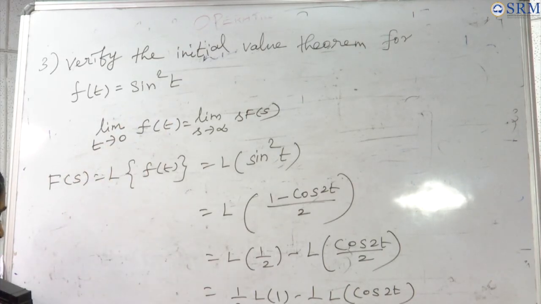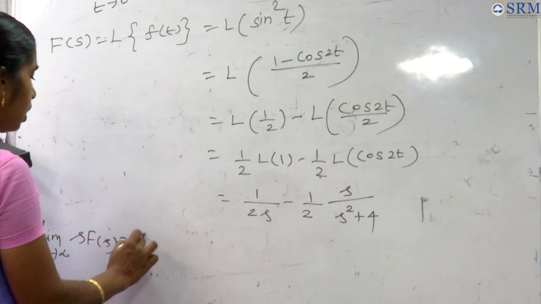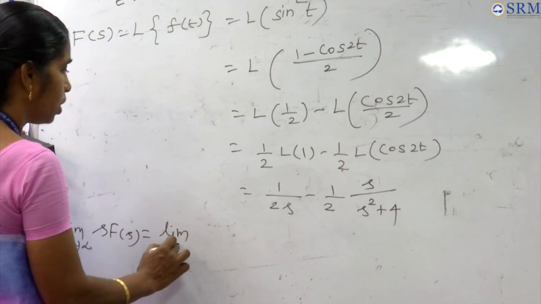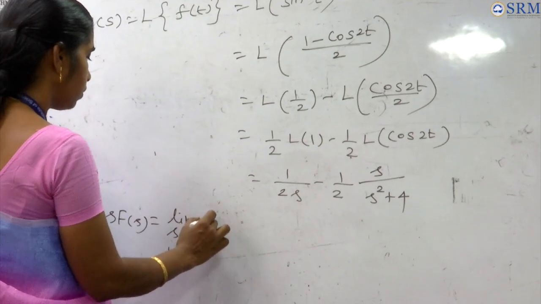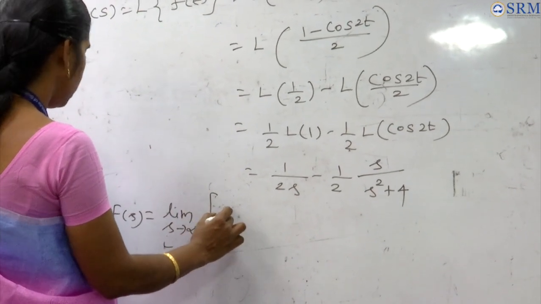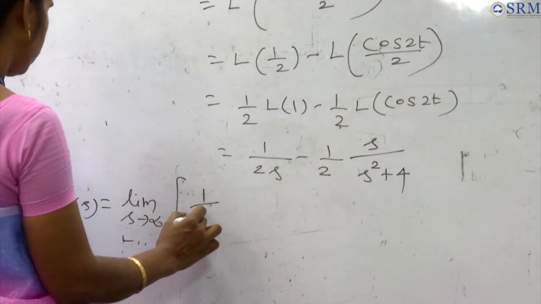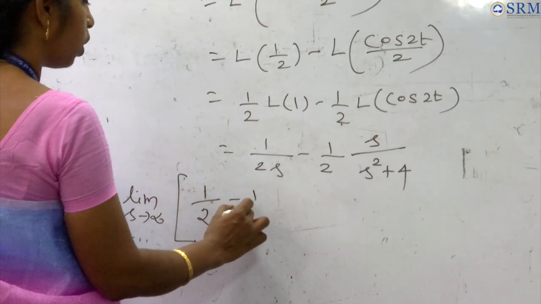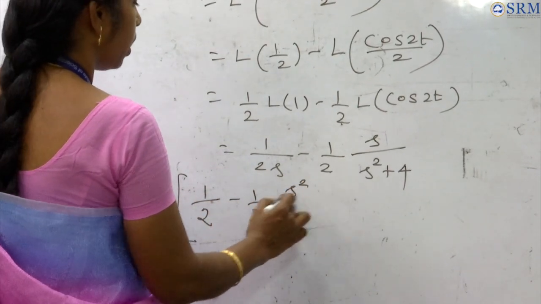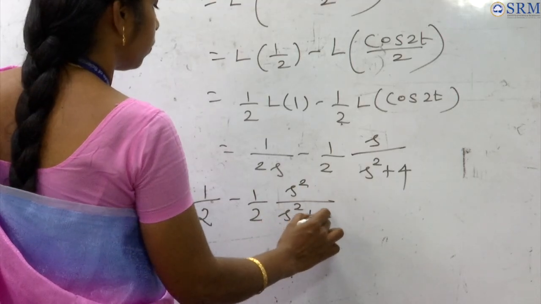So s into f of s, with s replaced by infinity. That is limit s tends to infinity of 1 by 2 minus 1 by 2 into s square divided by s square plus 4.